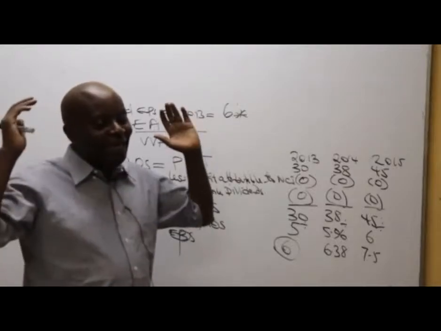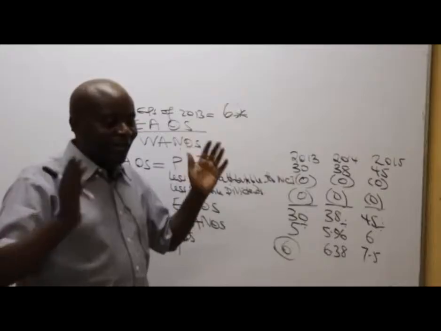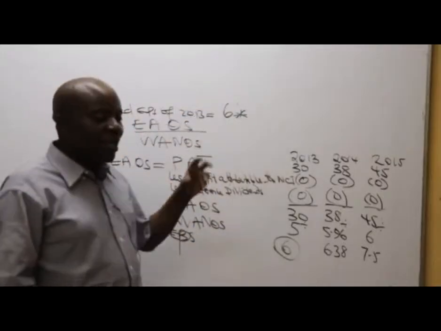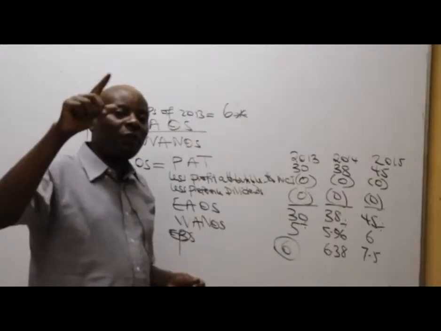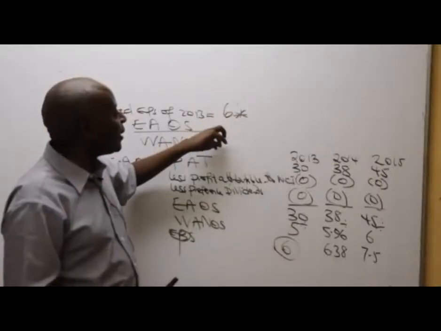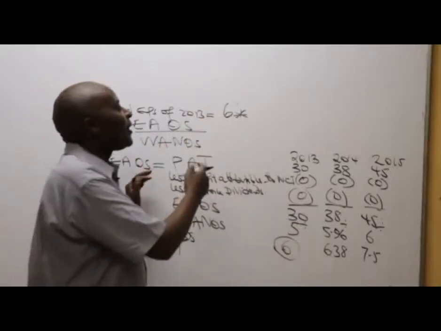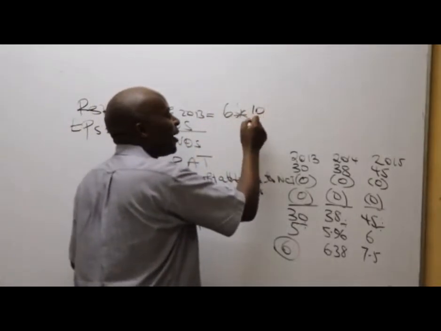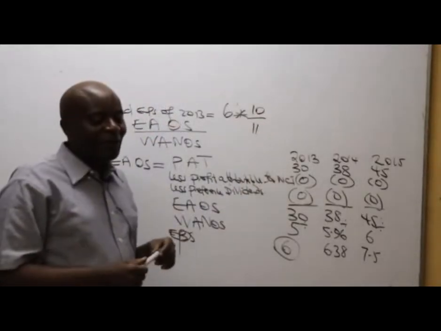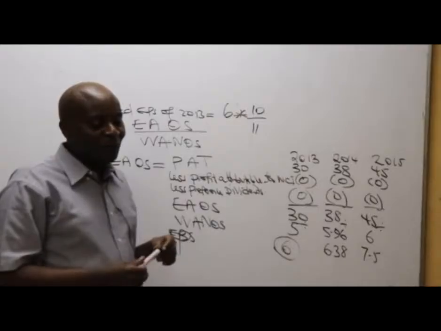Even if I understand nothing from this particular class, I know when it comes to restating for the previous years, if the bonus fraction was 11/10, for the previous year's restatement, I'll take the previous year's EPS times the reciprocal of those bonus fractions. So times 10 over 11. Which will end up giving me what figure, somebody?